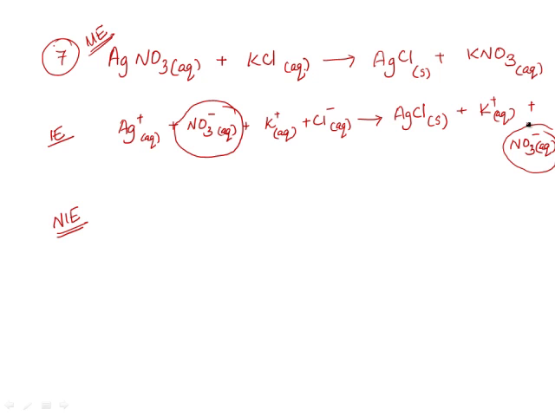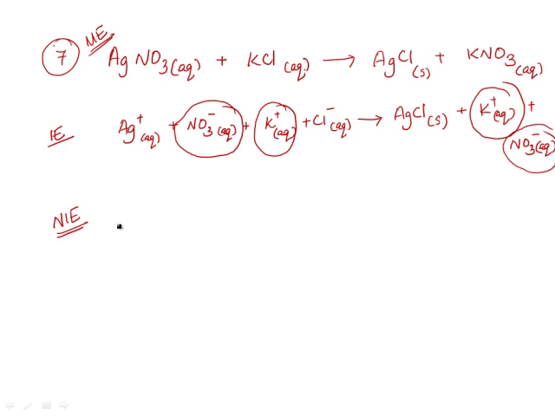Exactly on both sides. How about K plus AQ? K plus AQ is on both sides. Here and right here. How about Cl minus? Do you have Cl minus on both sides? No, you don't. So these are the two sets of spectator ions. Get rid of them. Whatever you are left with is your net ionic equation.